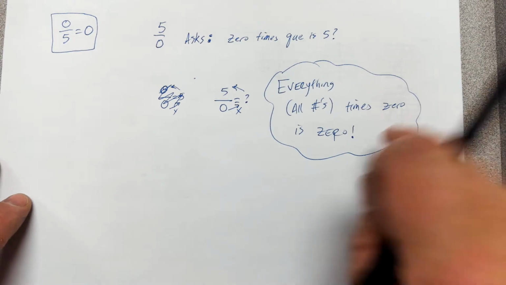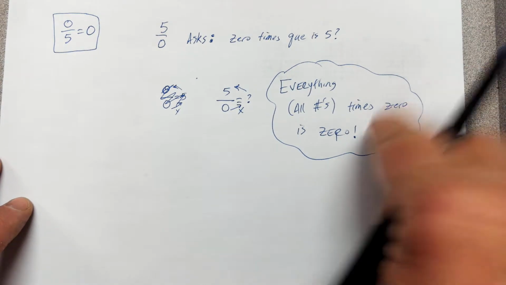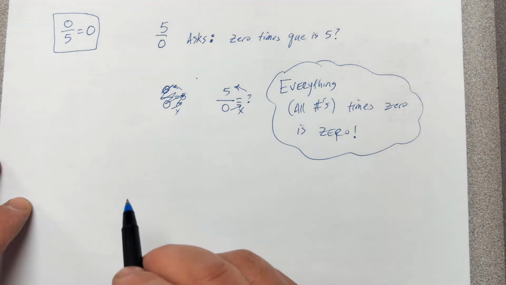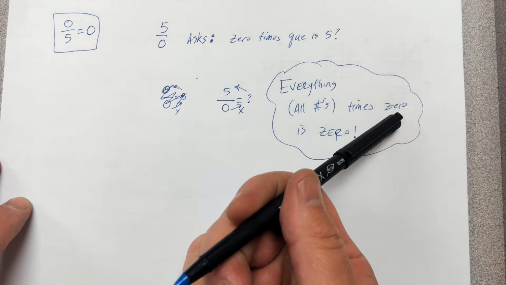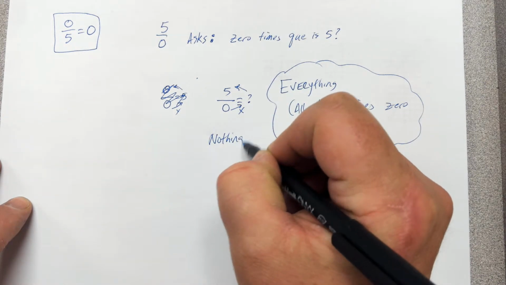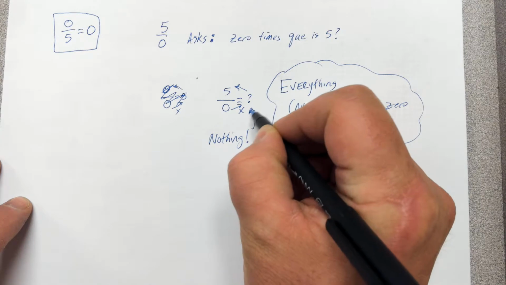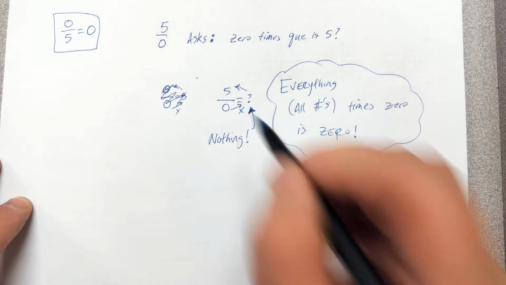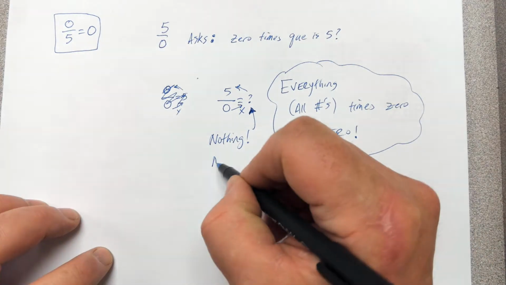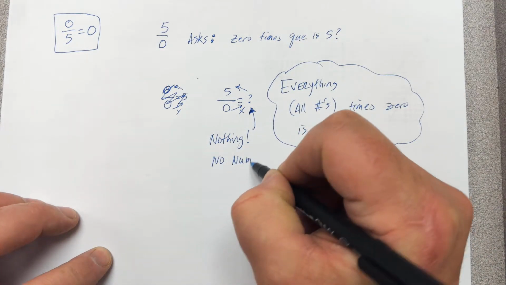It's not changing. That is true. So when it's asking 0 times what is 5, and over here we're saying everything times 0 is 0, there's nothing times 0 that equals 5. There's not a number. No number.